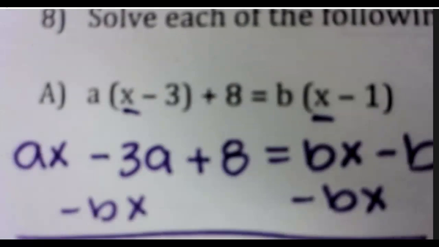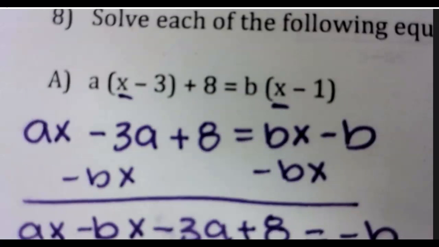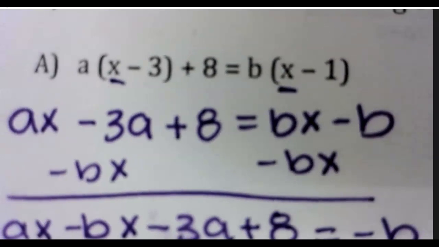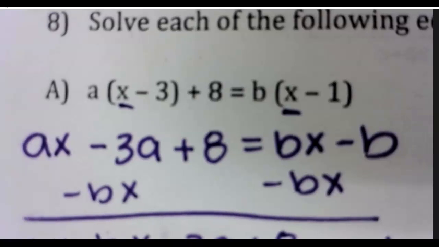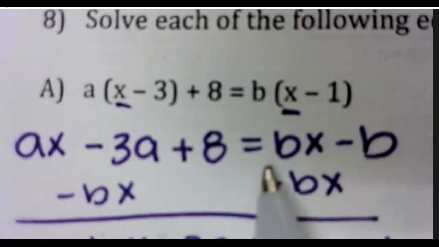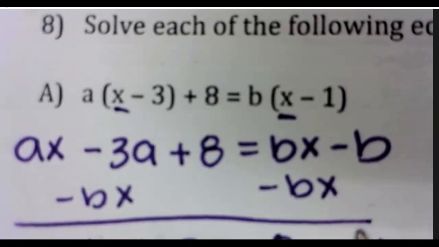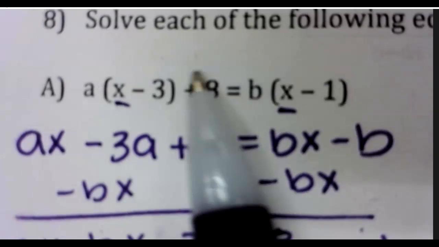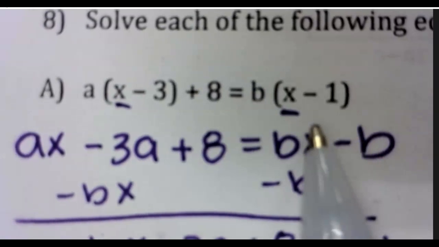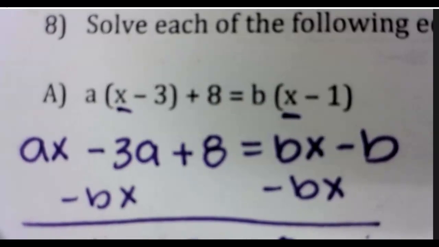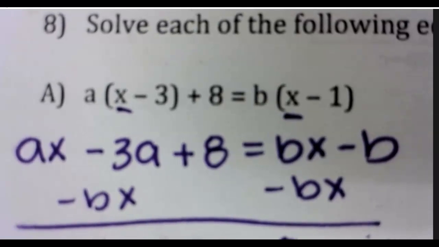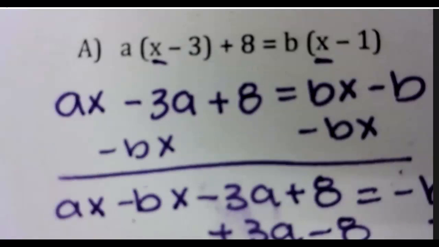And then you are going to manipulate the equation so that the x's are on one side and the variables that have no x's are on the other. So distribute, we're solving for x, so you want to get all the x's on the left and the other stuff on the right.